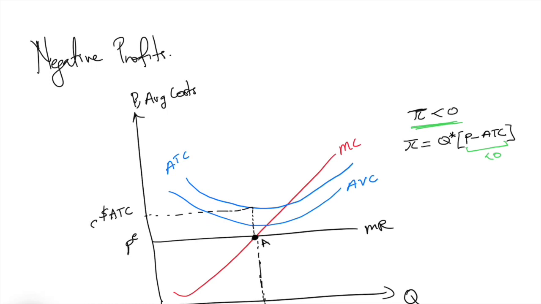This time you can see that PE minus ATC is a negative number. And so how about I shade that in yellow? I shade our economic loss in yellow. So this is our negative profit.